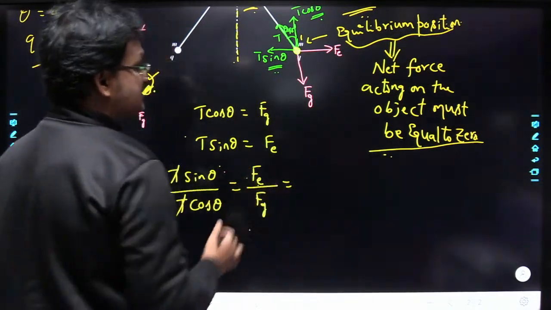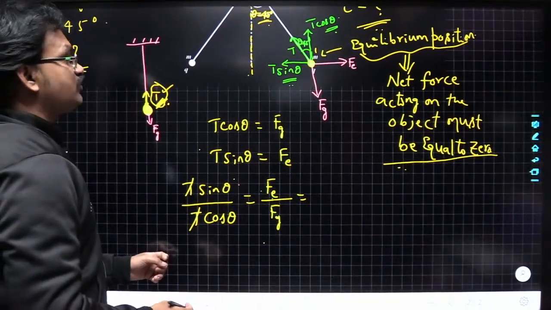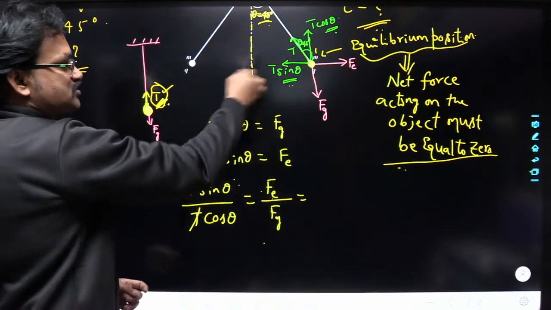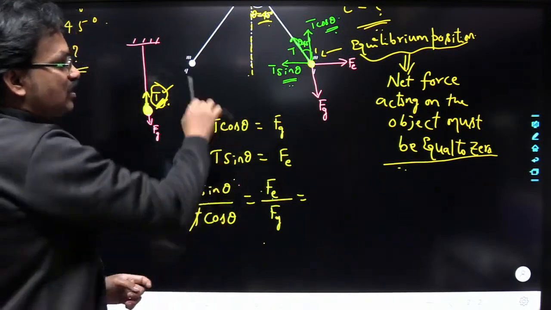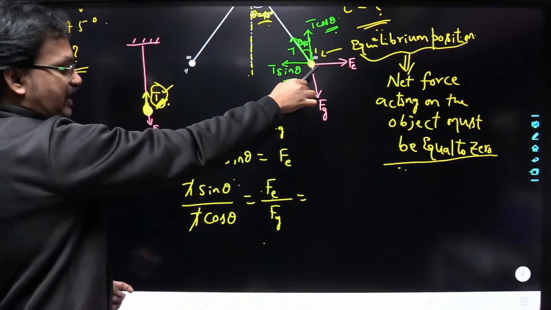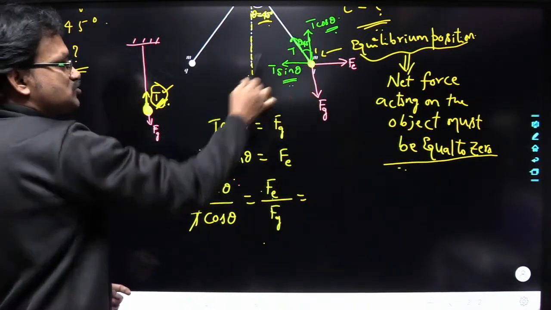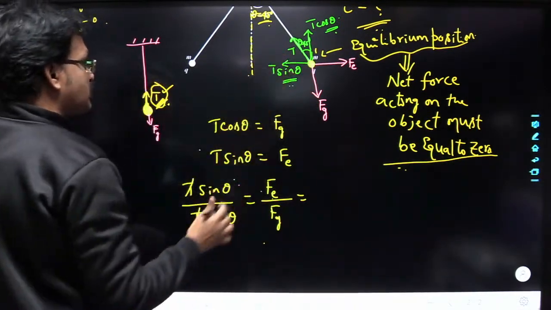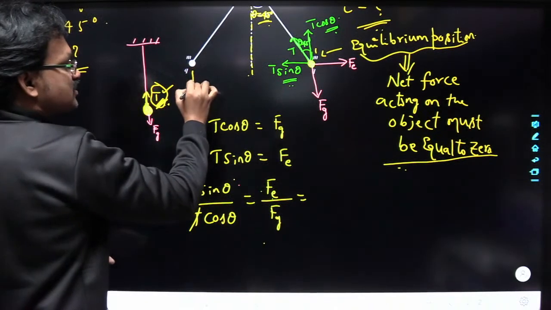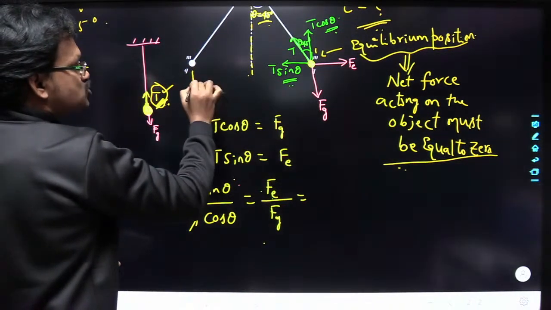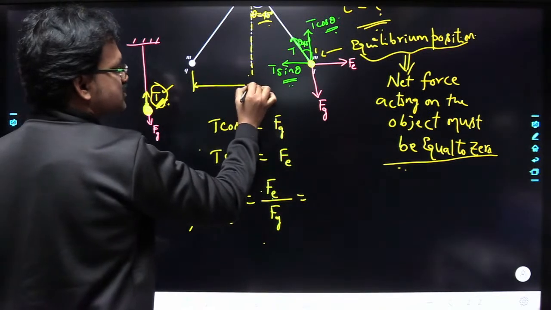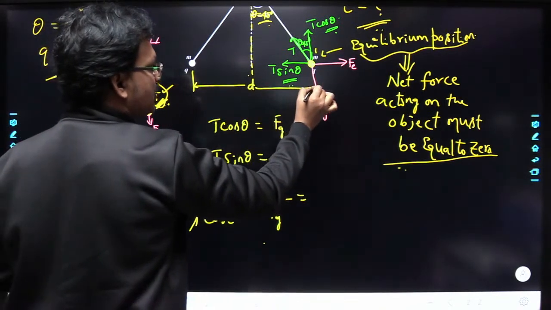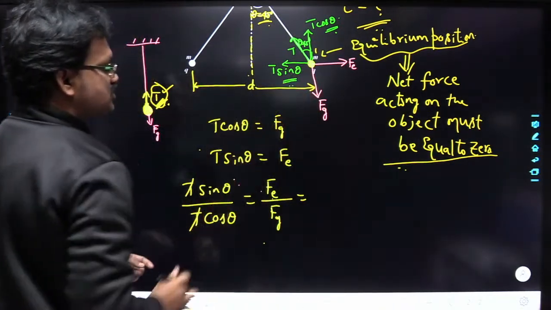Now what is Fe here? That is the electrical force between these two charges. We know this from Coulomb's law, yes or no? Let us say the distance between these two charges is d.